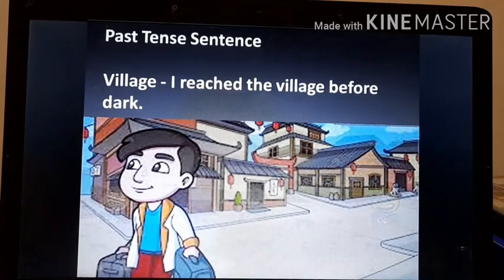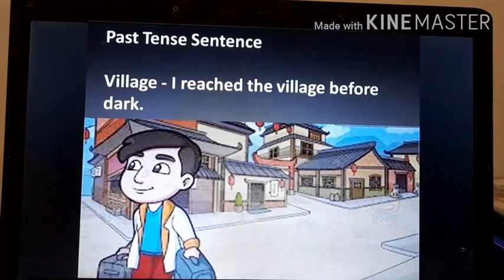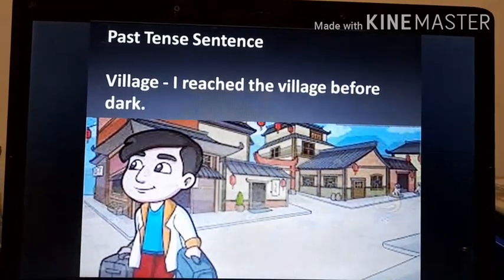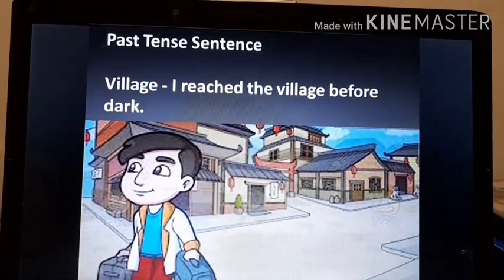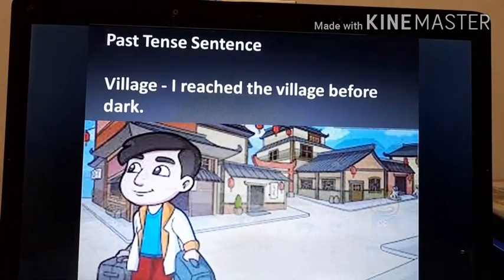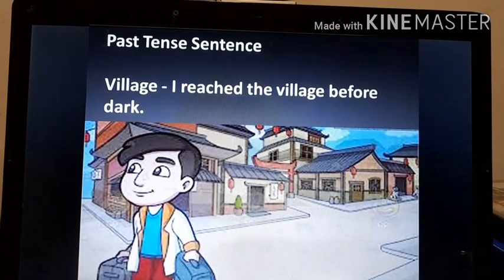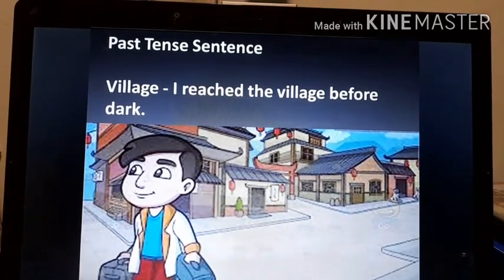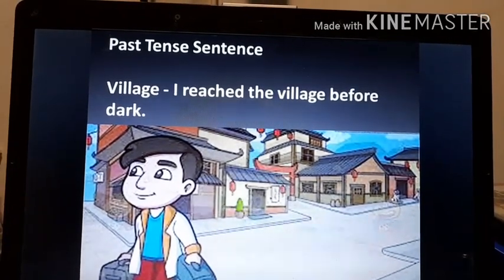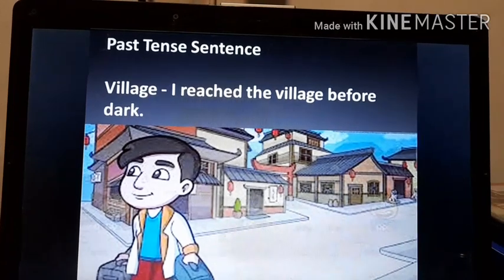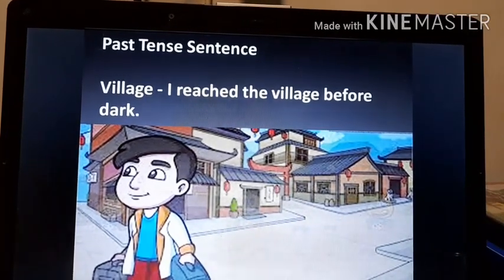The meaning of reach is पहुंचना. Reached is a past tense verb form, right? It is a past tense verb form as we are talking about past tense.